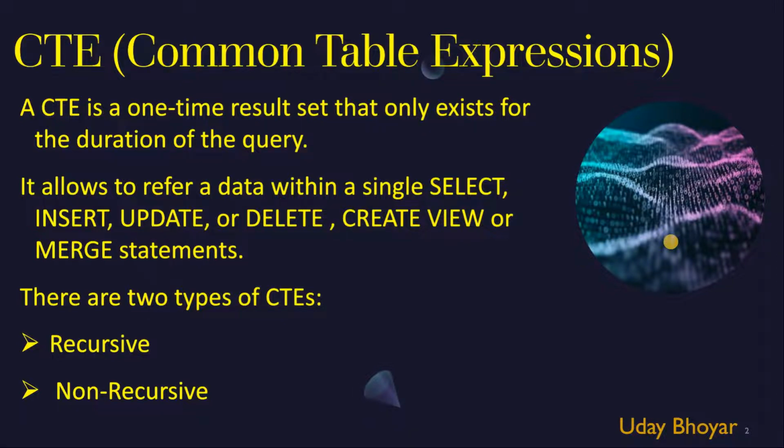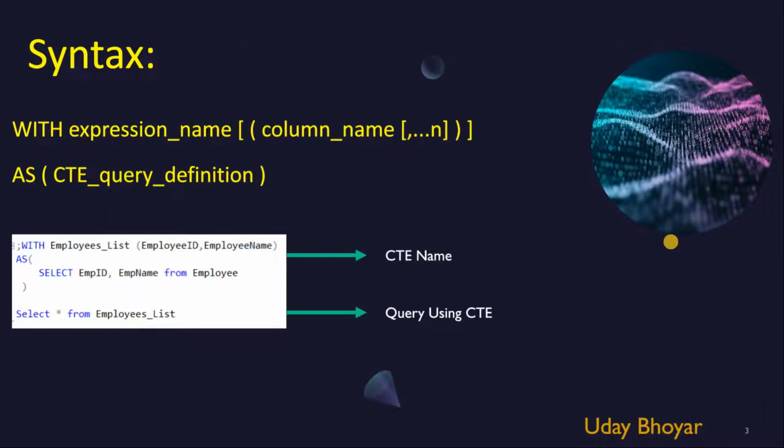So let's look at the syntax of a CTE. The syntax is very simple: WITH expression name. The expression name is nothing but the CTE name that we provide, followed by the list of columns which we want to display in that CTE. And then after closing the bracket, we give the keyword AS and then the CTE query definition.